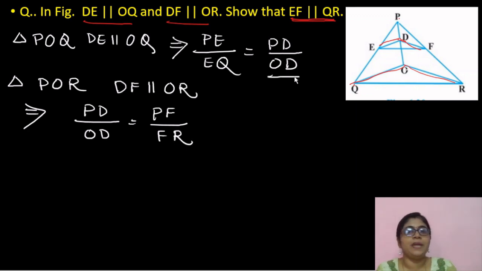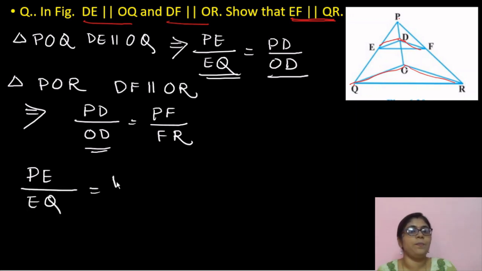So here PD by OD equals PE by EQ, and here PD by OD equals PF by FR. So from these two equations, what do we get? PE by EQ equals PF by FR.